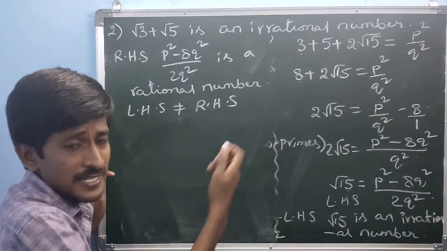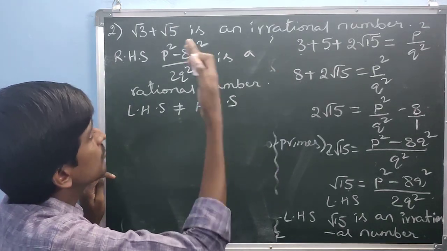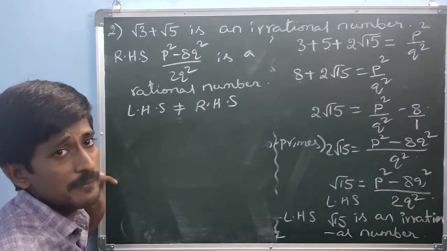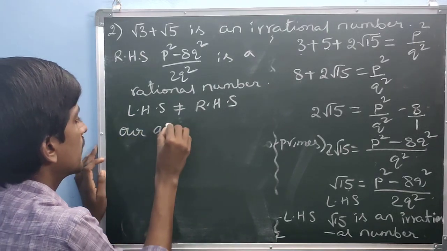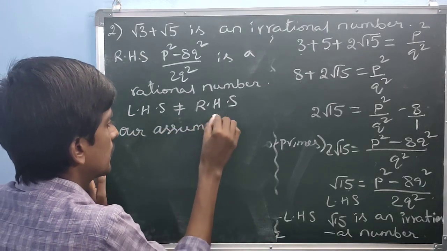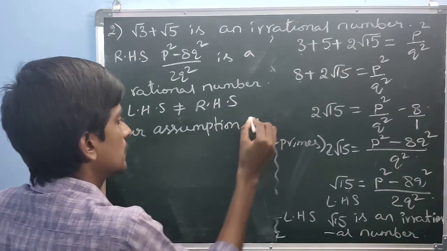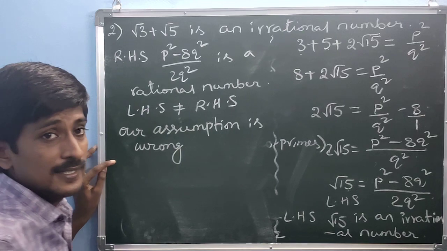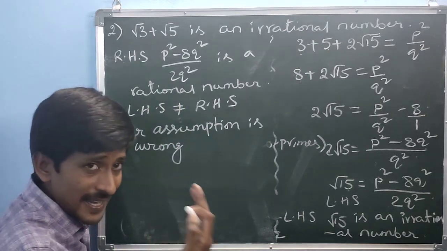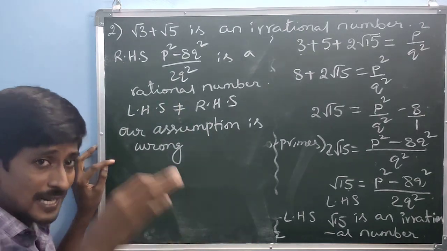What did we take as the assumption? We took that root 3 plus root 5 is a rational number, so our assumption is wrong.